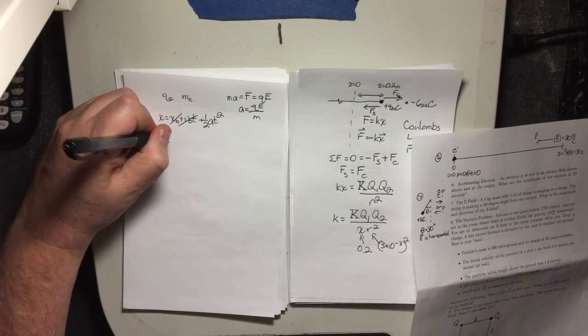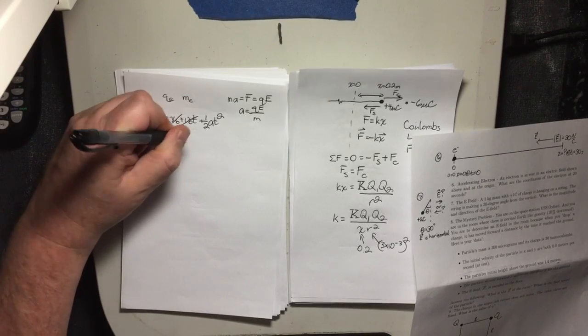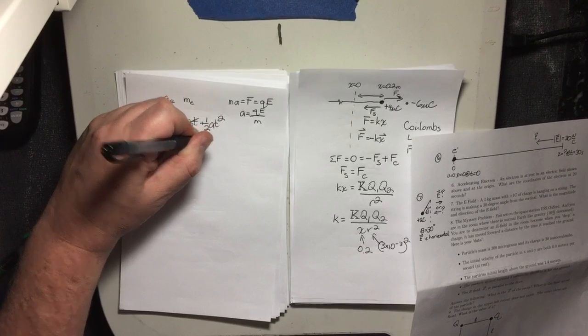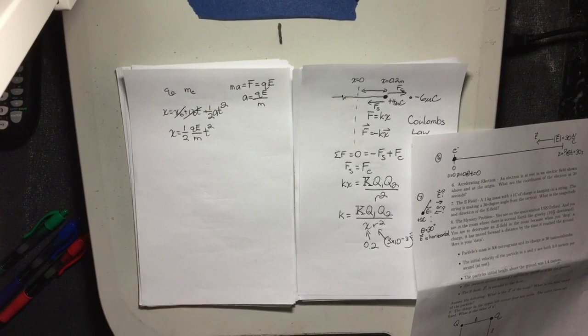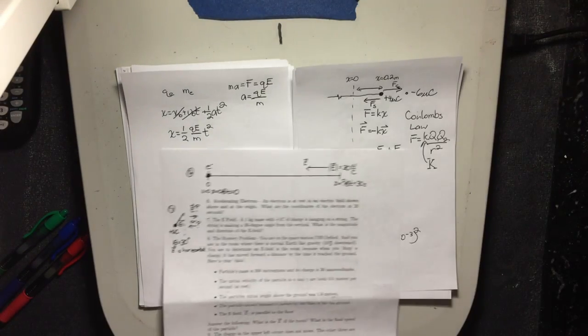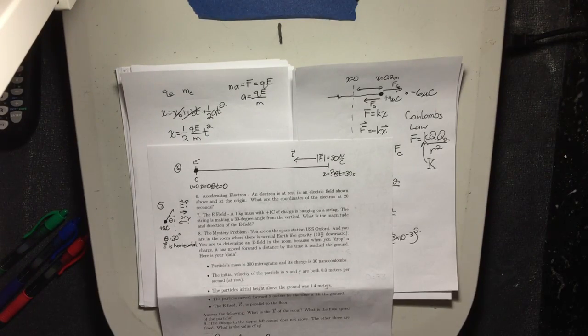Do some substitution. x is 1/2 QE over m t squared. I know what Q is, the charge of an electron. I know what the E field is, it's 30. Time, 30 seconds, given. Mass of the electron. Everything is given. Problem 6 is now a plug and chug. There you go.